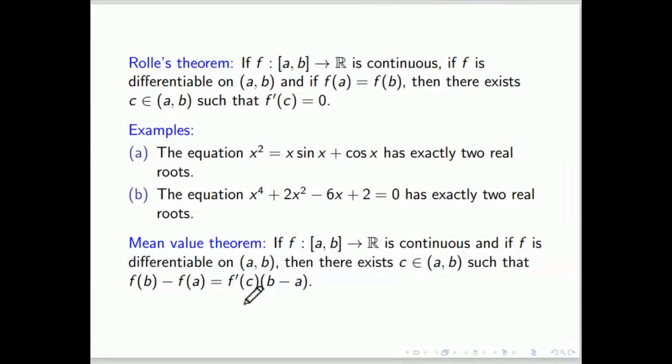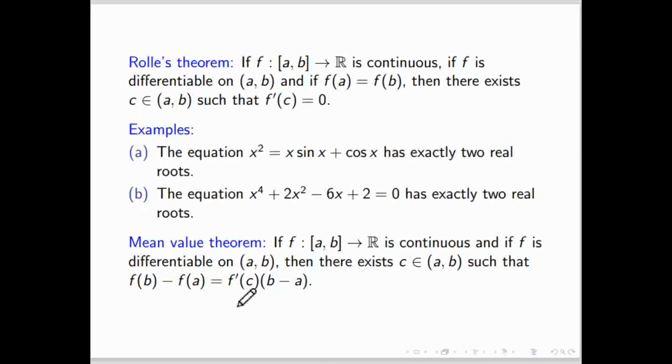Because if the derivative is 0, then b and a can be different also. It will give f(b) equal to f(a). So since the derivative is non-zero, that implies that f is 1-1. So I hope it is clear: f(b) equal to f(a) implies b equal to a. Because it is non-zero, we can divide by f'(c).